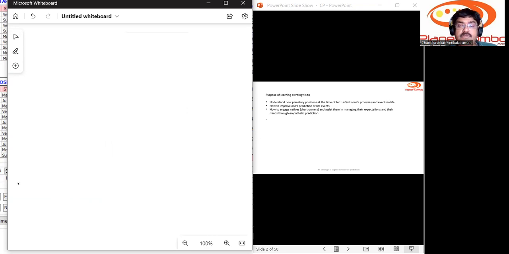You can manually generate the horoscope as well, but I would say that is not the best use of your time. So you should buy computer software which will prepare the chart when you supply these 3 parameters, right?